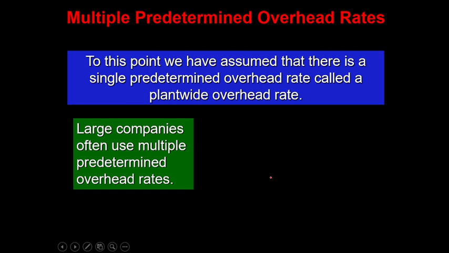one activity base. Some of your costs may be causally related to direct labor hours. Some of your costs may be related to machine hours, and so on and so forth. Some may be related to your direct materials used. For example, let's talk about paint and sandpaper.